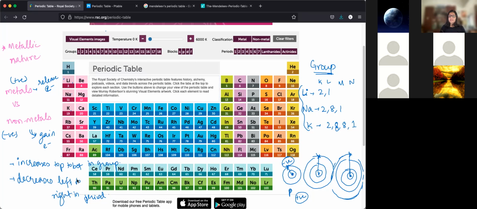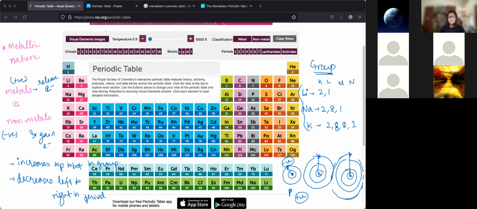Ma'am, if we see the example which you gave of lithium, sodium, and potassium, the number of protons are also increasing, right? So won't the control of the proton increase on the electrons? That's a very good question, Alina.